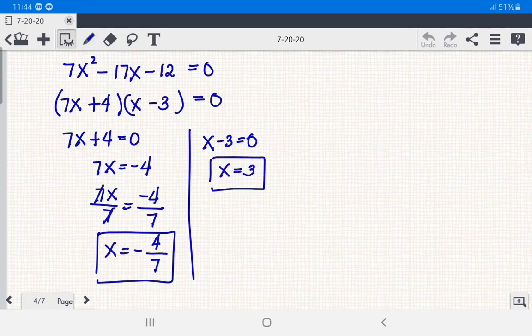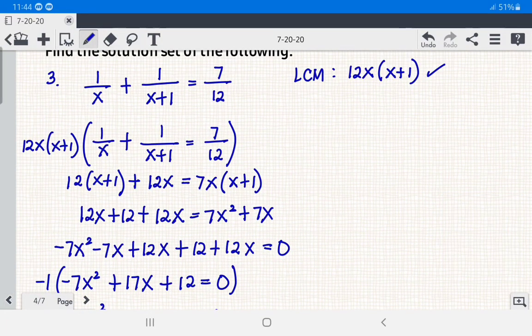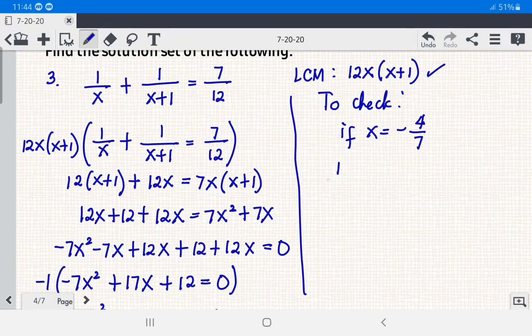So, let's check, okay? To check, if x is equal to negative 4 over 7 using the equation, we have 1 over negative 4 over 7, then plus 1 over negative 4 over 7 plus 1, then equals to 7 over 12.